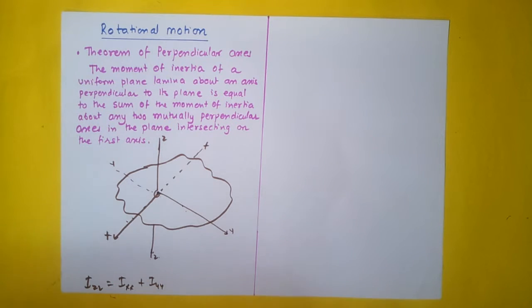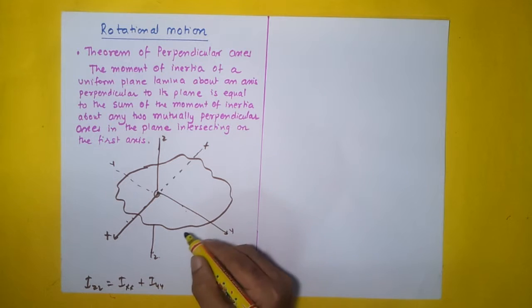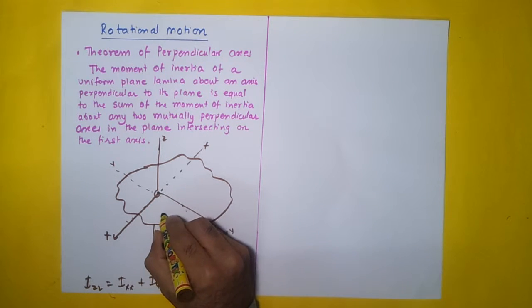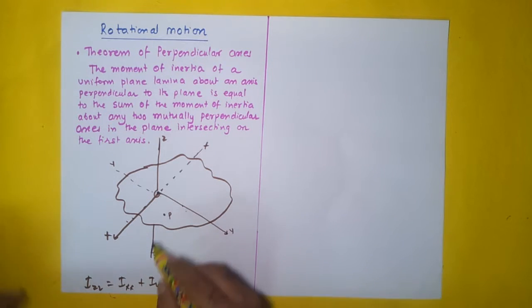Now let us look at how we got this theorem of perpendicular axis. The proof is very, very simple actually. Let us say we have a point P in the lamina, over here, which is of mass m.